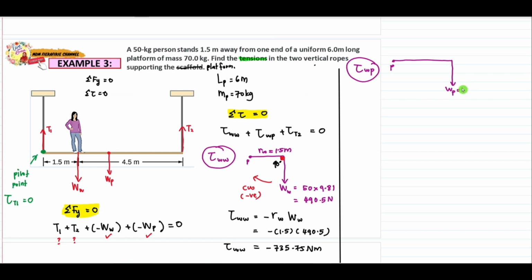The mass is given, so we can calculate 70 times 9.81. Try to calculate it, press the calculator, practice. You will get 686.7 Newton.